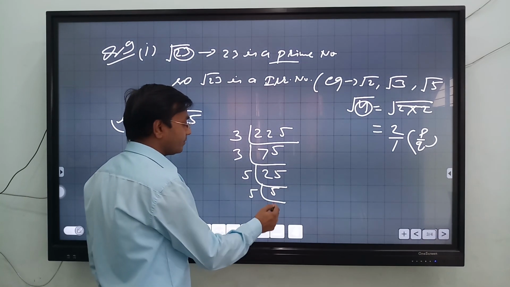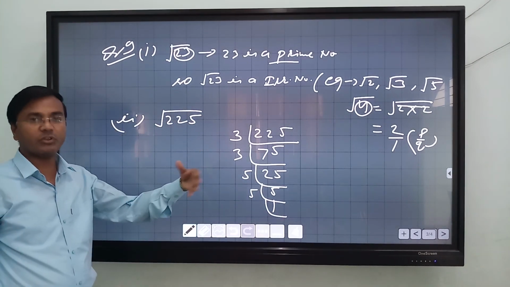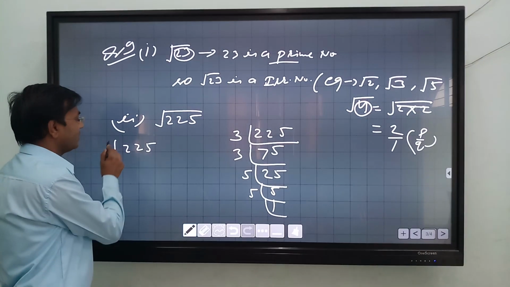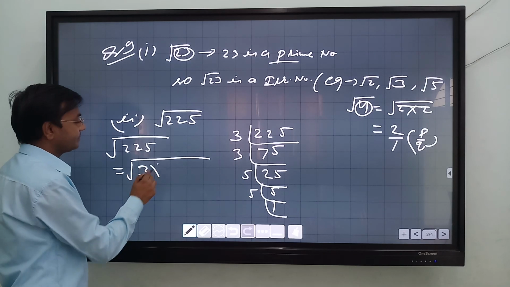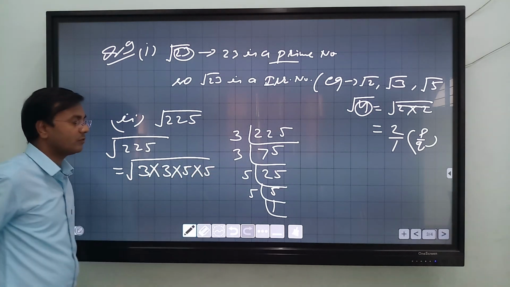I am sure you must have solved this kind of prime factorization in previous classes. So solve it; if you have doubt, you may ask. So square root of 225 can be written as 3 into 3 into 5 into 5.